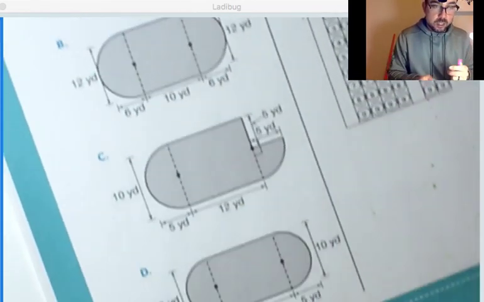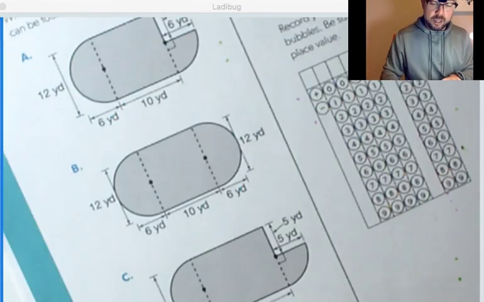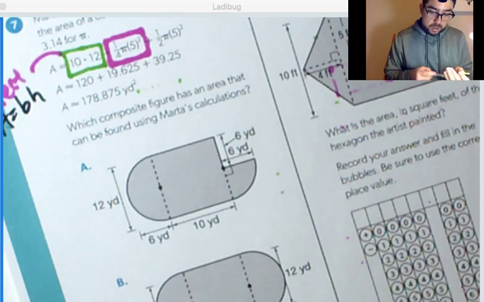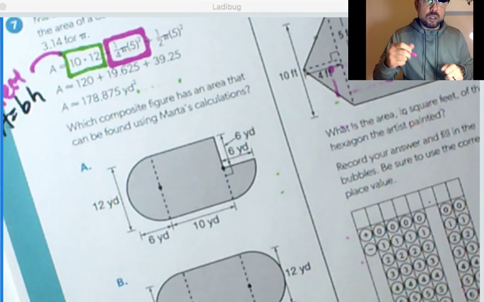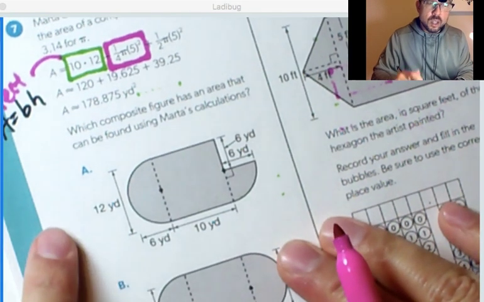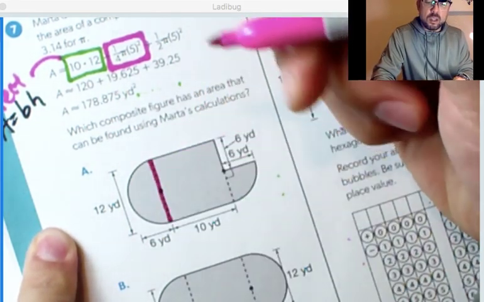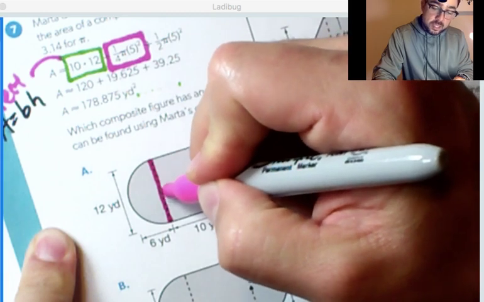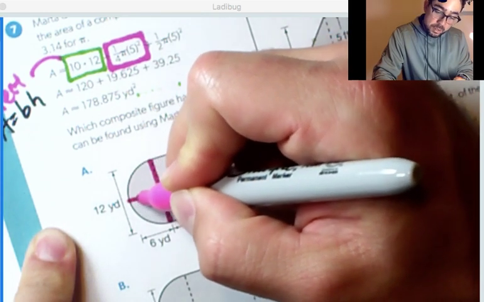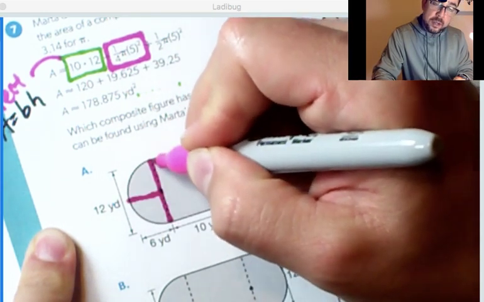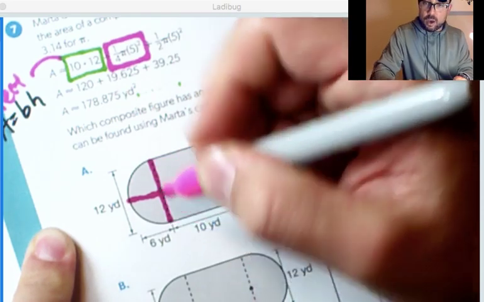Let's look at the circles that we have in our answer choices. If we're looking at A, the circle has a diameter of 12. We know that the radius is half the diameter. So if this diameter is 12, this radius should be what?